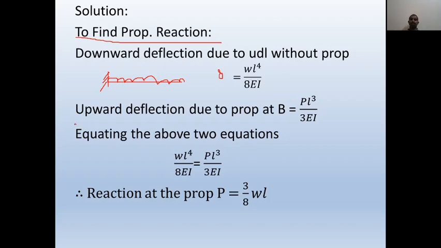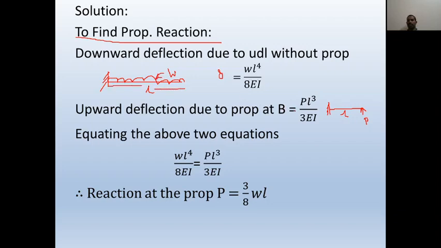Similarly, the upward deflection due to prop reaction is the case of a cantilever beam subject to a point load, let us say P, in the upward direction. Here the length is L throughout.